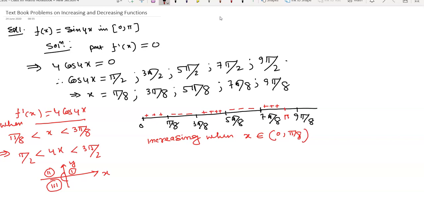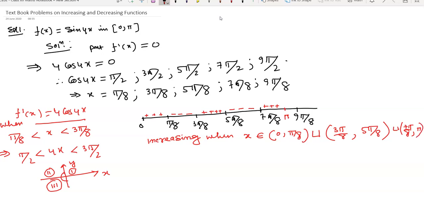Unless otherwise stated, you will always take strictly increasing part. So this will be 3 pi by 8, 5 pi by 8, and then union 7 pi by 8 to pi.